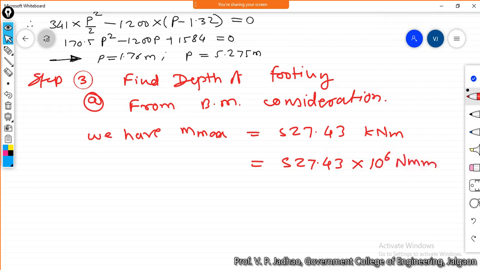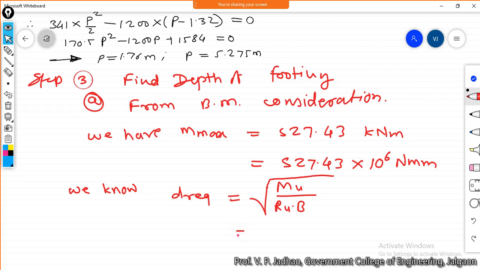And we know that the formula for calculating the depth of foundation, the required depth D, is equal to under root Mu divided by Ru into capital B. B is the width of your footing.